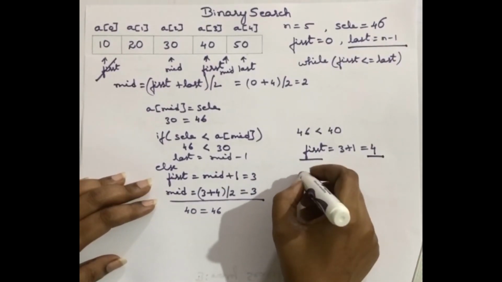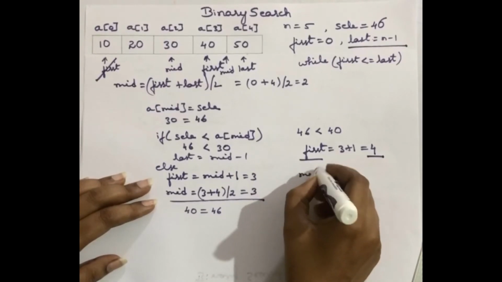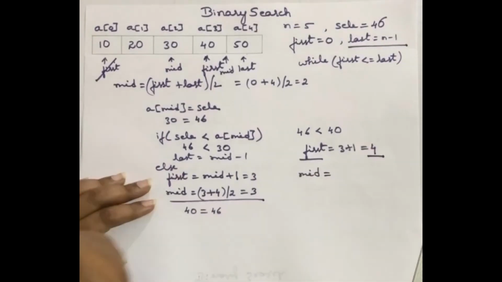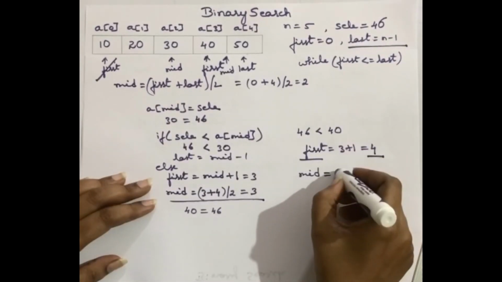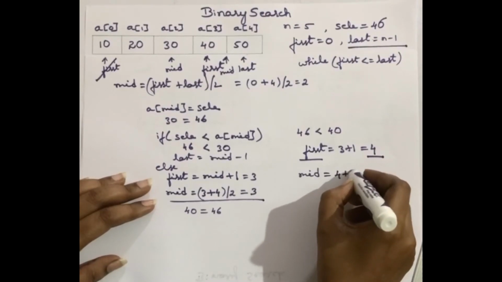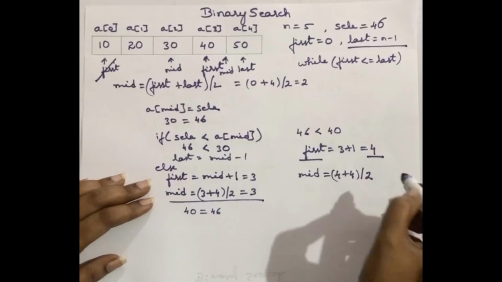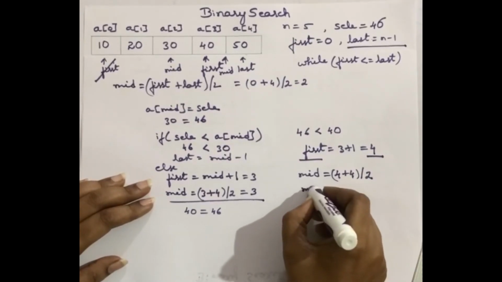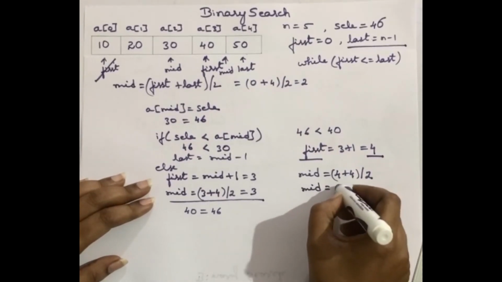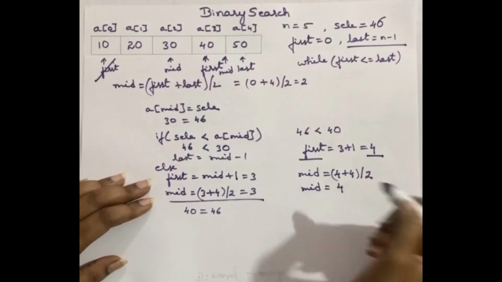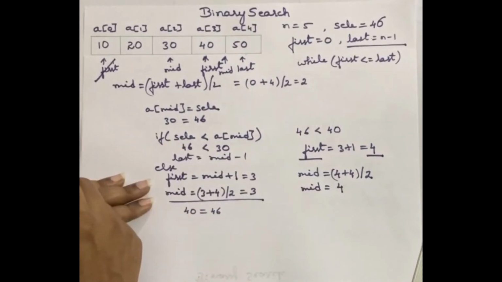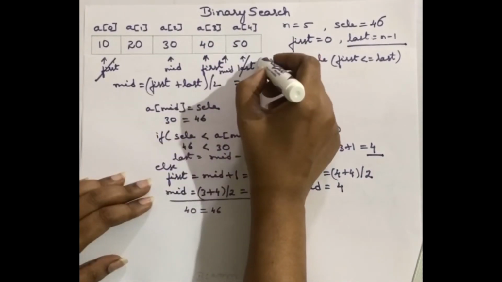Again I will calculate the mid value. Mid equal to first plus last by 2. Now mid will be equal to 4. Again I will check, now this becomes mid.